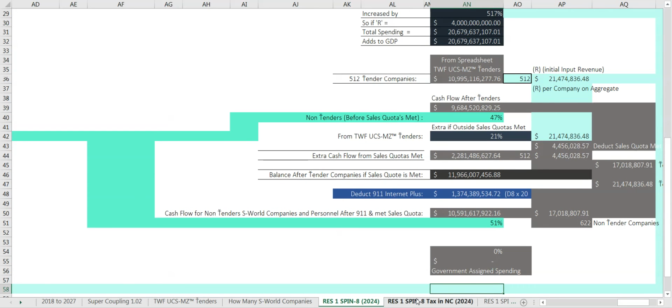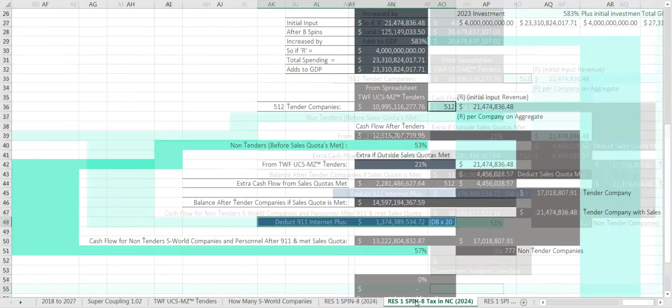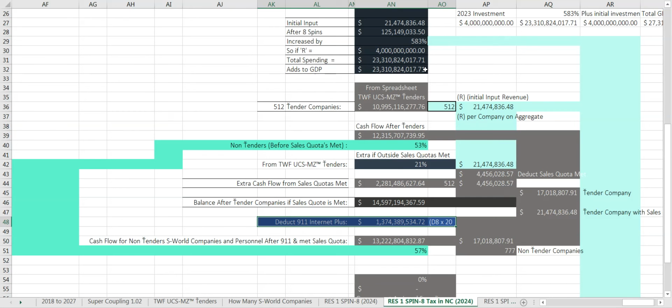Now we're going to look at the same scenario, but in this case, it's gone up to 23 million because when we pay the government their tax, it's in network credit. So they must buy something from the network with it. Say, for instance, a new embassy.